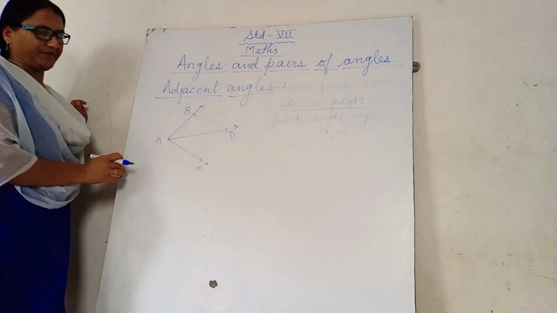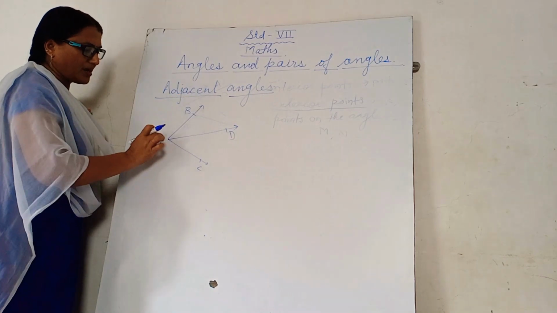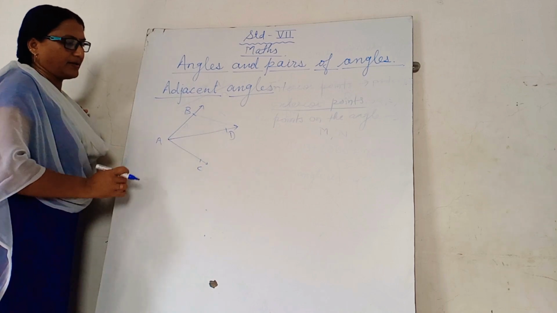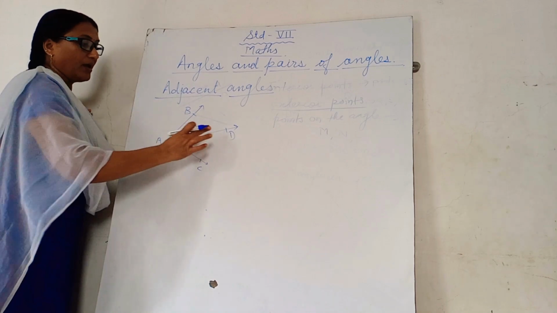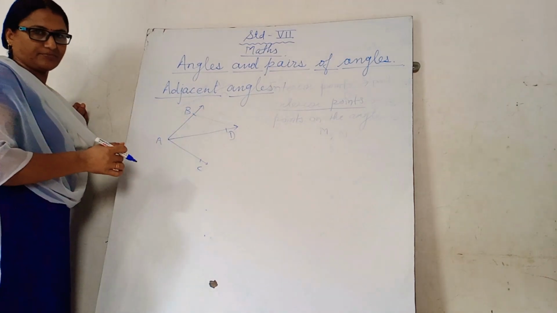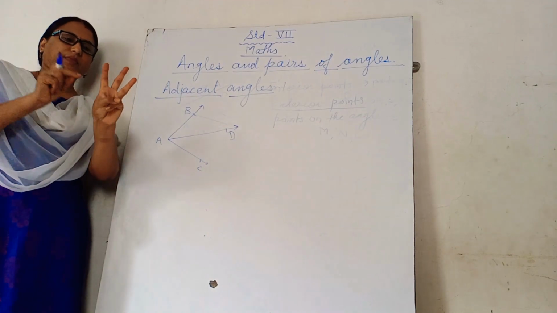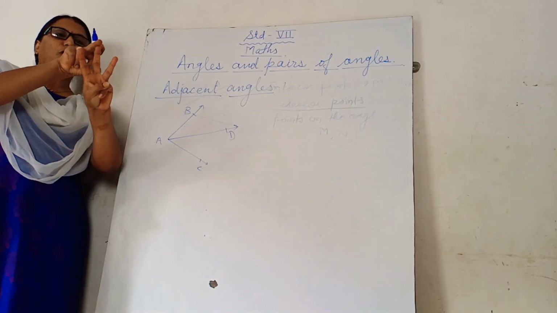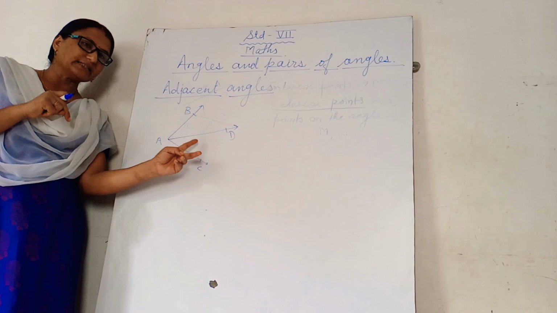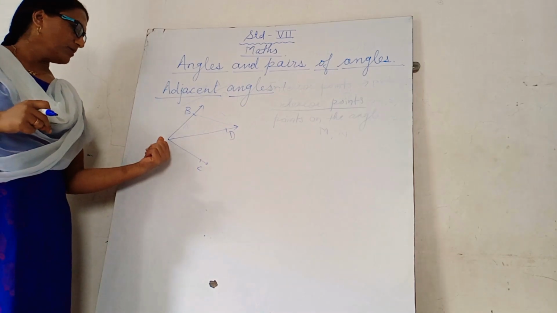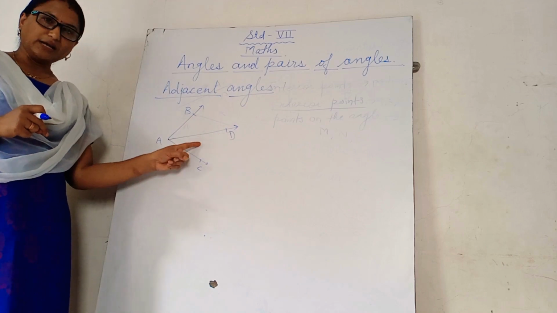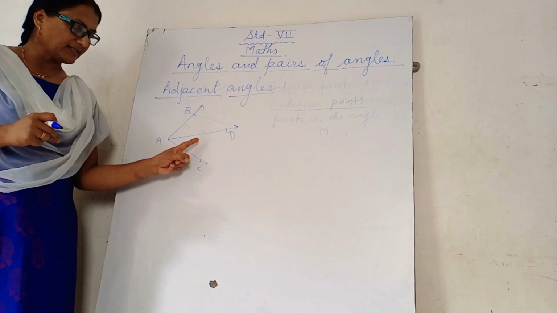Observe this diagram carefully. Angle BAD and angle DAC have a common vertex, a common arm and separate interiors. Angles having a common vertex, a common arm and separate interiors are called adjacent angles.